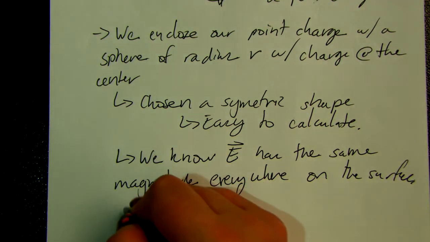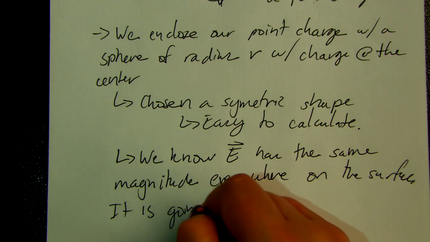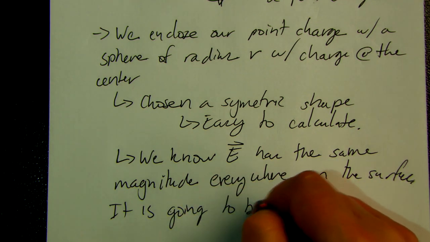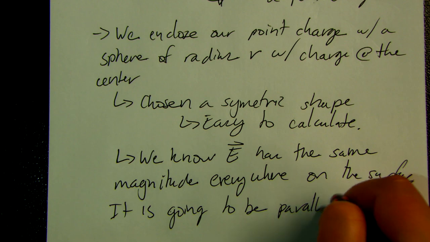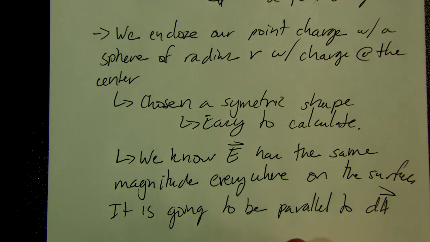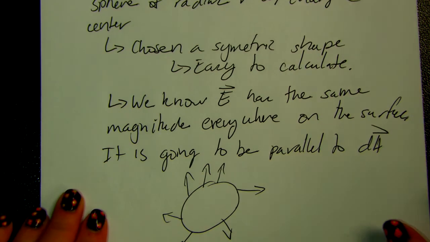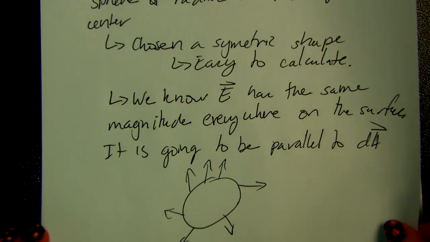And we know it is going to be parallel to dA. It's also going to be perpendicular to the surface on every location. All right, so we can then write the integral of Gauss's law.